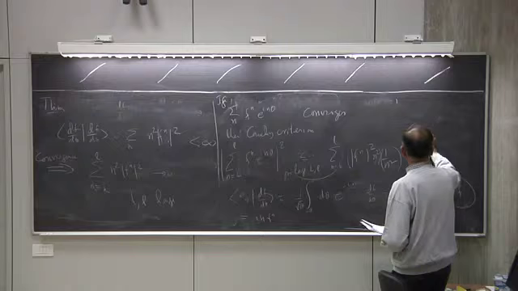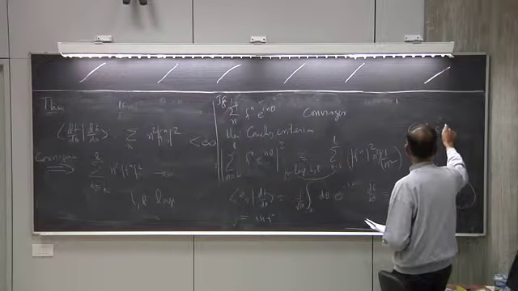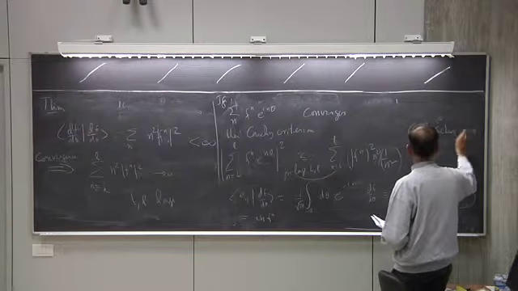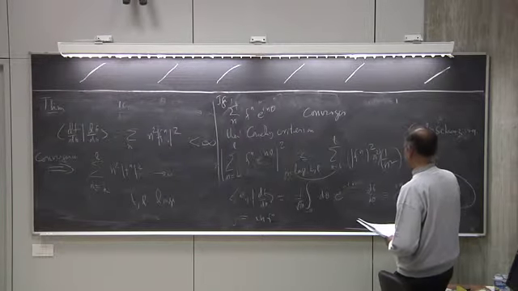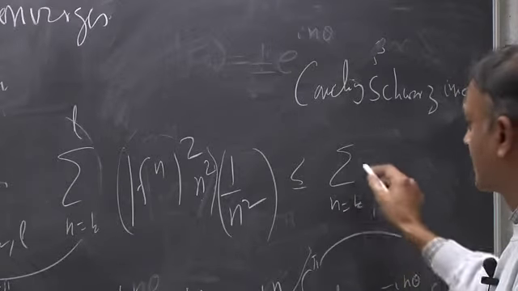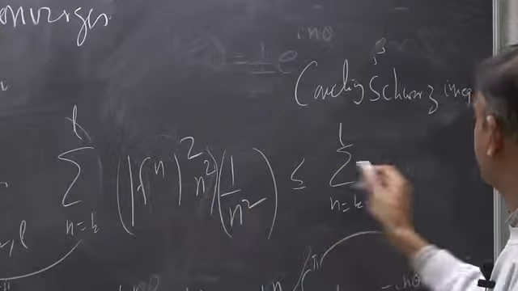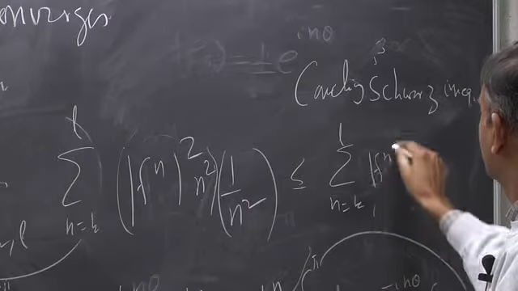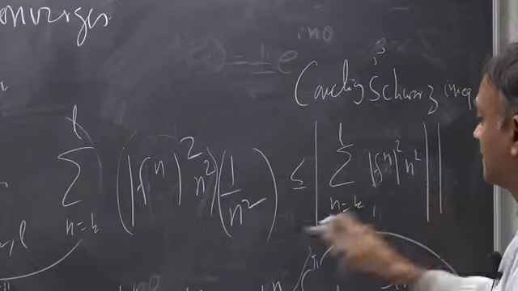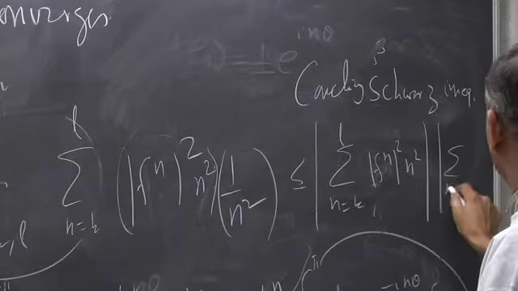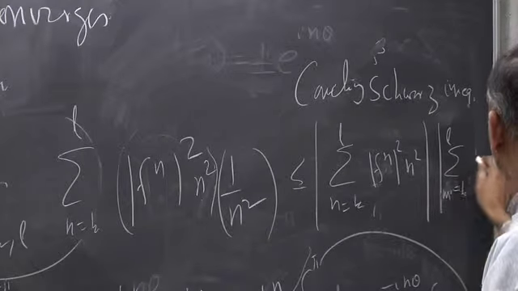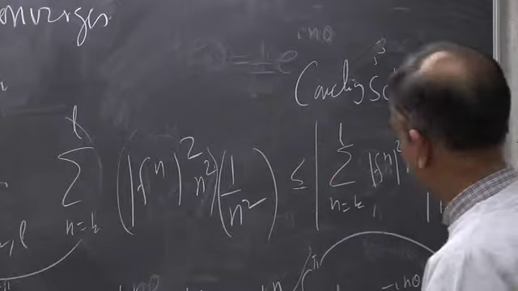From the Cauchy-Schwarz inequality, this is less than or equal to the sum, n equal to k to L, of this quantity fn square n square, times the sum, with index m, not n, of 1 over m square.